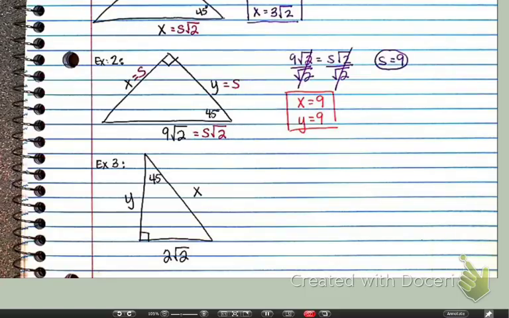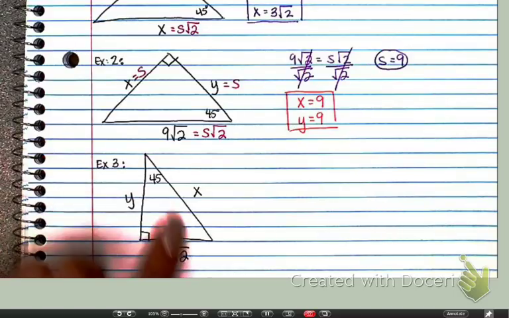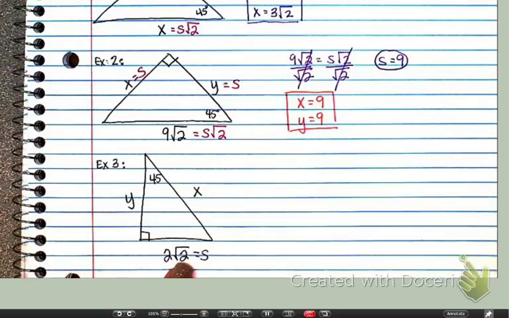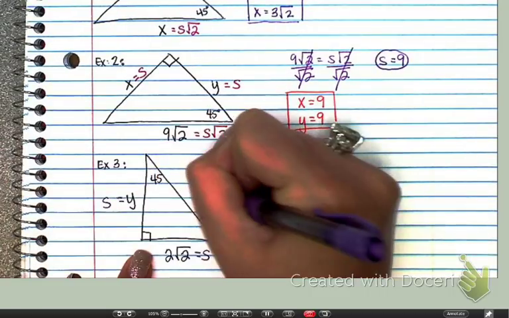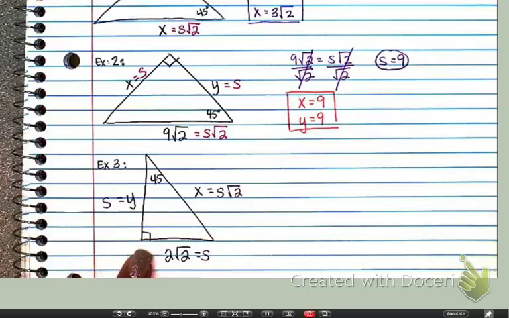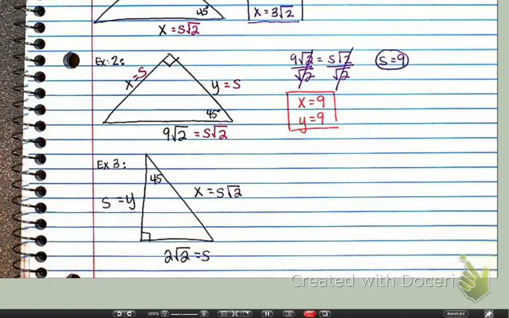So S, S, and S radical 2. Okay, so you should have labeled your sides S, S, and S radical 2. So across from 45 is S, across from 45 is S, and across from 90 is S radical 2. That's step 1.